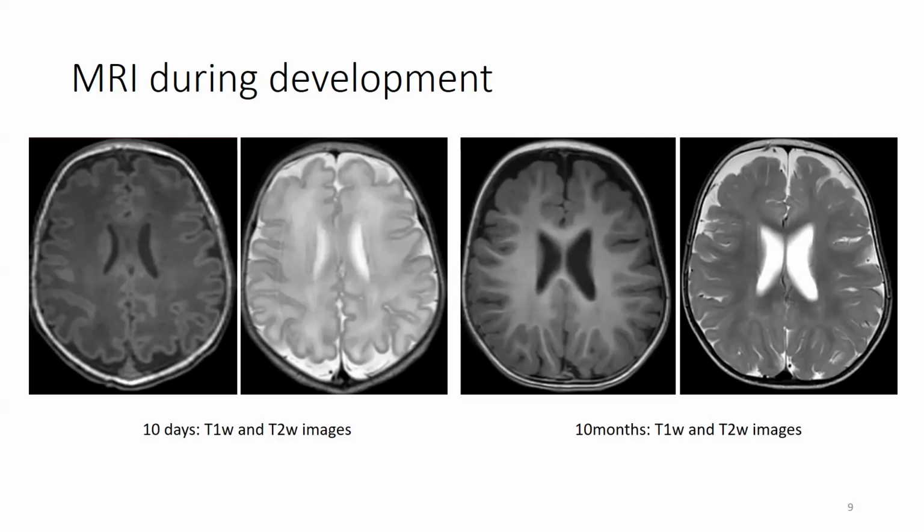And this myelin very much influences the actual T1 and T2 relaxation times. So that's why, with the same scanner settings, you see a completely different image here than at the age of 10 months. And of course here it's still not completely myelinated and it's still continuing, but here you see big changes.